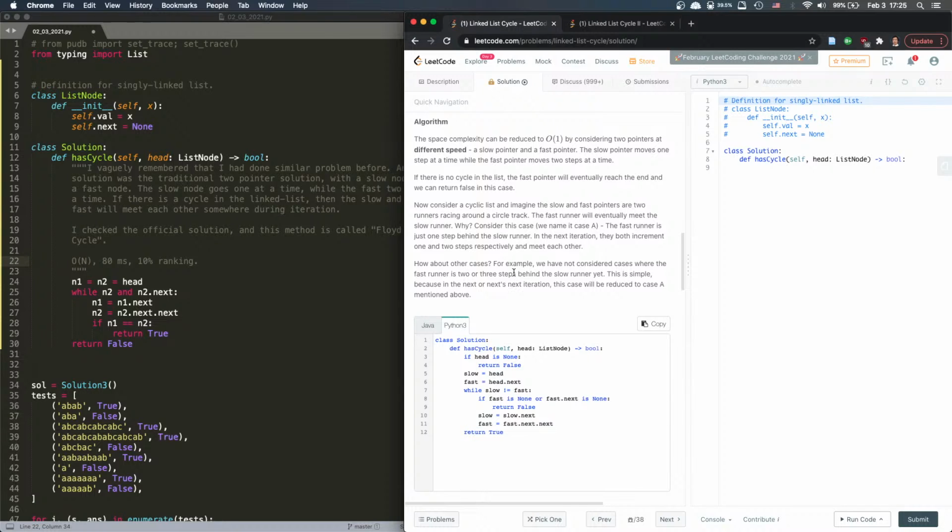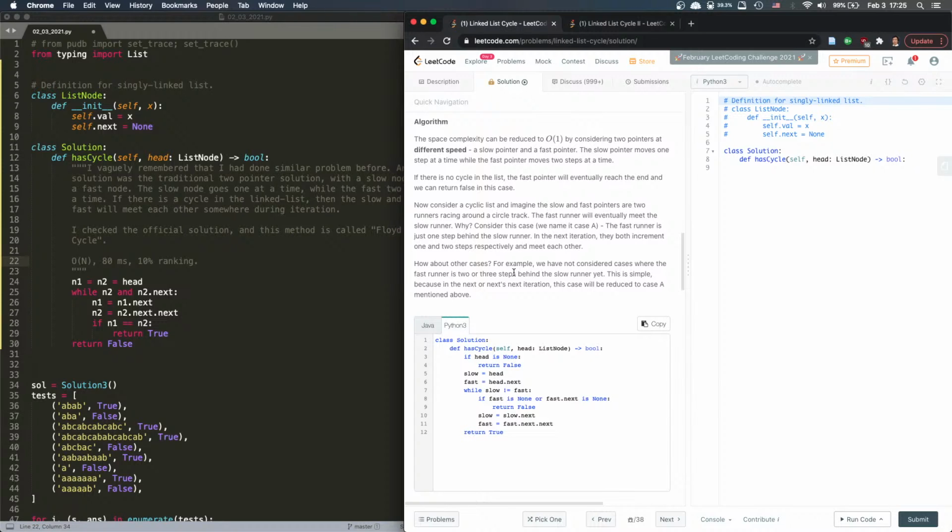Well, every time they move, the fast one will be incrementing one step further. The fast is always one step faster. If it ever circles back, and the slow one just goes slow, it doesn't matter.